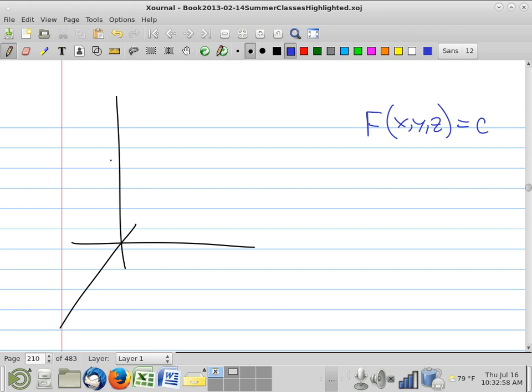And I'm going to draw a surface where there's the potential for a problem. So that's my attempt to draw this. All right? Okay. So it's a surface that wraps under itself.